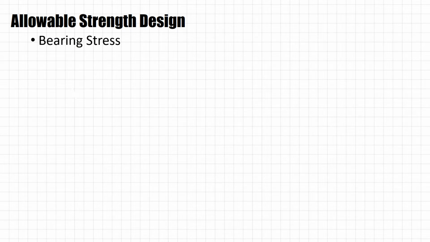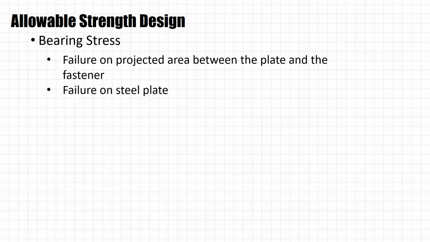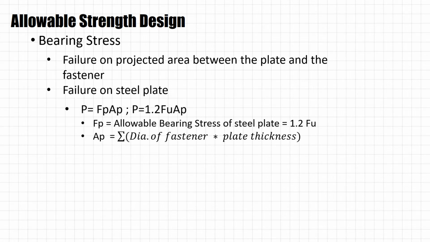Next is bearing stress. For bearing stress, we have failure on the projected area between the plate and the fastener and failure on the steel plate. The formula is P equals FpAp and P equals 1.2 FuAp, where Fp is the allowable bearing stress on the steel plate, which is also 1.2 Fu, and Ap is equal to the summation of diameter of fastener multiplied by plate thickness.